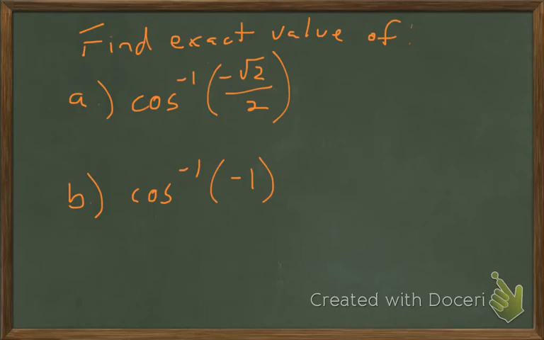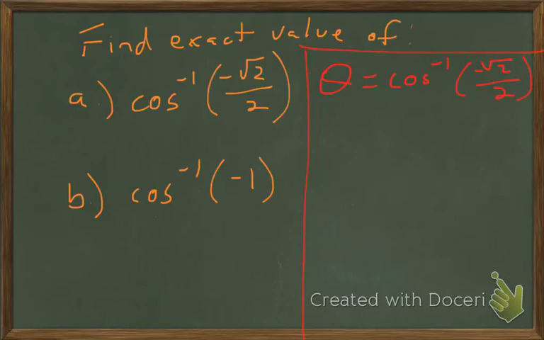So what we want to do is first find the exact value of cosine inverse of -square root of 2 over 2. Okay, so how we find the inverse of cosine is very similar to what we did with inverse of sine. We say that our angle theta is equal to cosine inverse of -square root of 2 over 2.